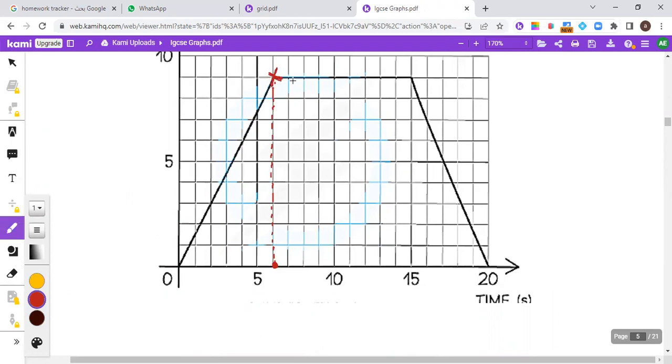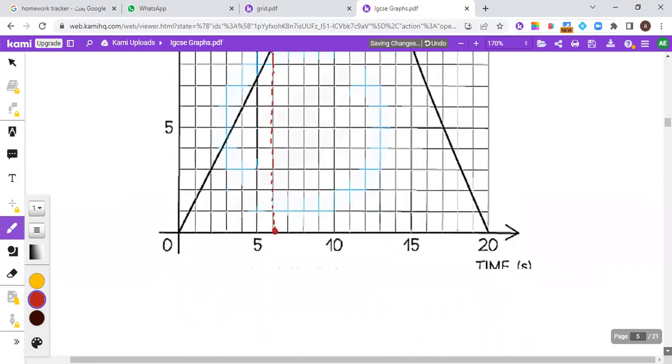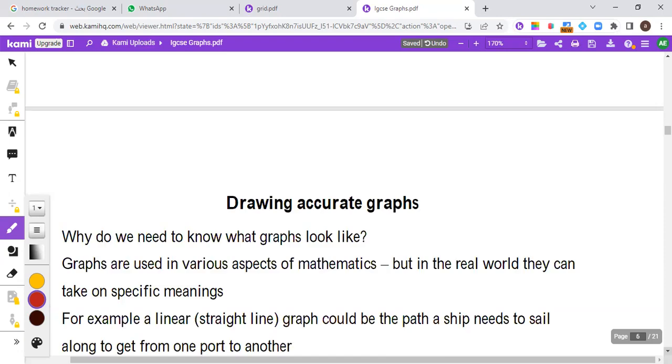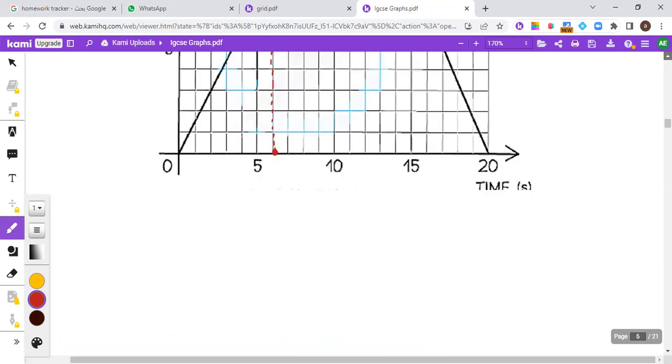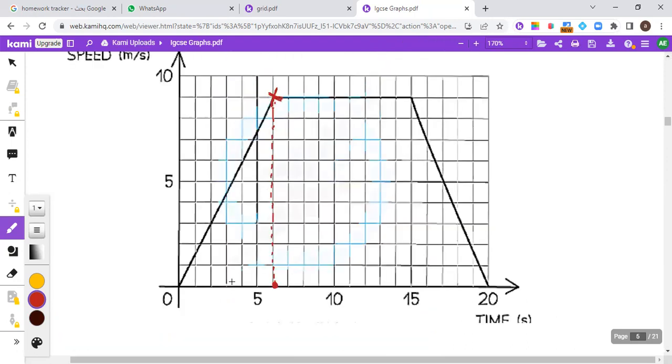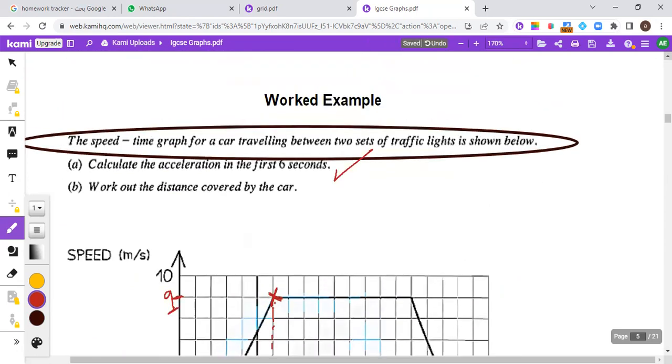So what is the acceleration, the formula? Acceleration is speed over time. So here it is 9 over 6. So for question A, it is 9 over 6.